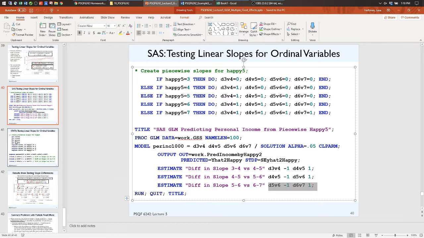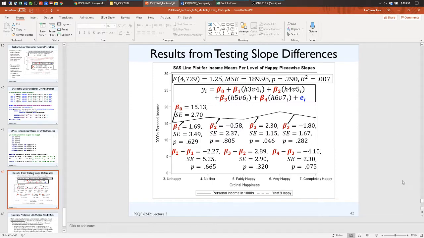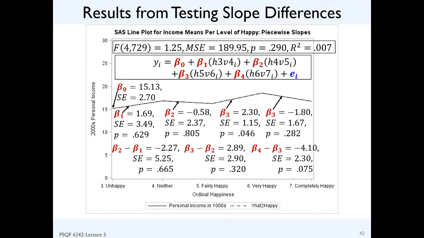The Stata code is on the next slide. I did it a little bit shorter because I don't know how to do the if then do end combination there. And then this is what ended up happening. So overall, the model, meaning the set of 4 slopes here, is still not significant.